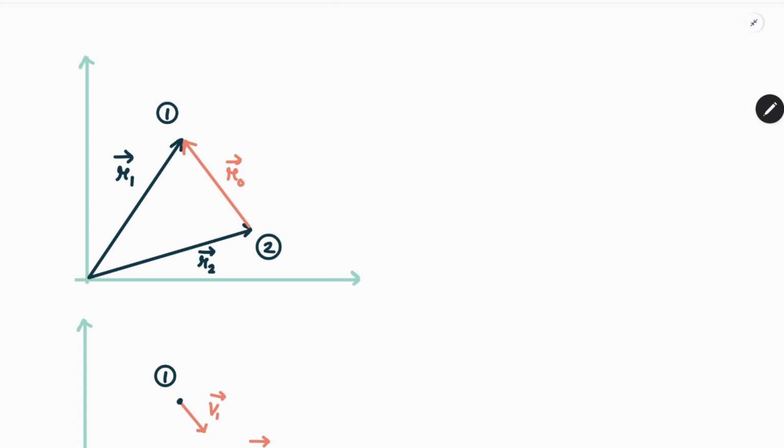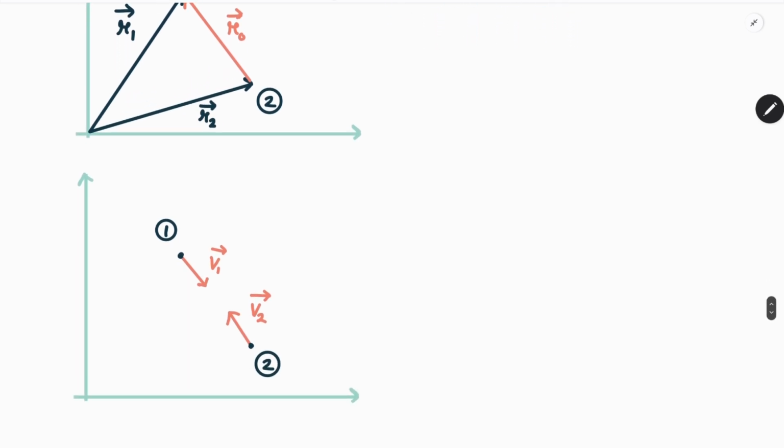So if I draw the position r0 vector, then if two vectors are in order, the resultant is the third side but in opposite direction. So r0 vector can be understood as r1 vector minus r2 vector.